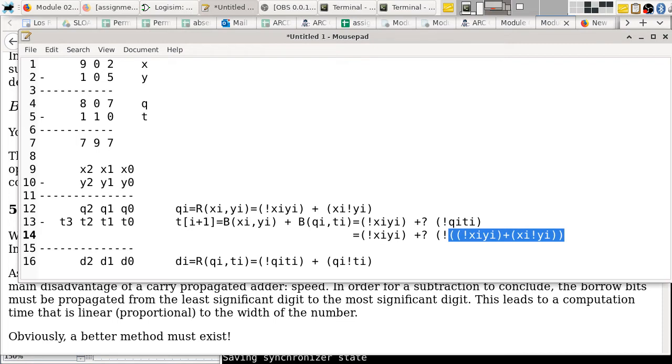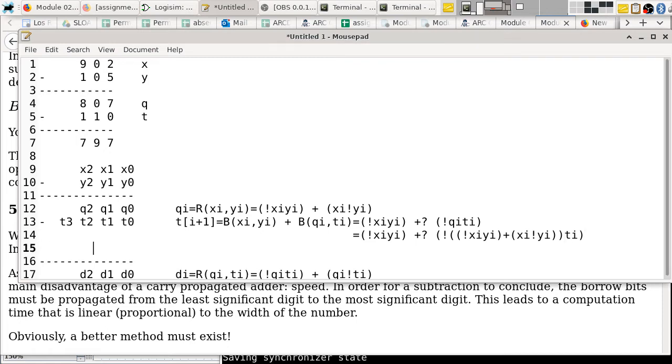All right. So we take the negation of this and we end it with TI. Now the question is, how is this helping me? It is helping a lot. Let me just highlight which portion I'm talking about. How can we make this part a 1?